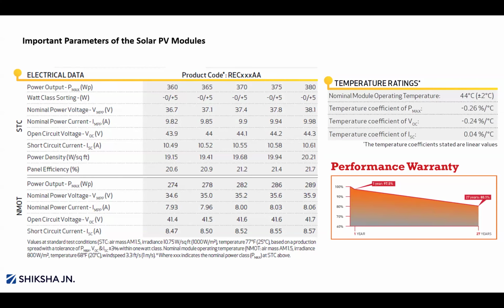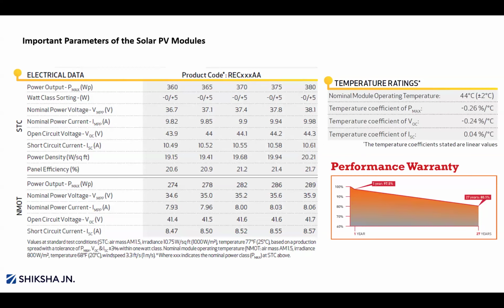Typically in India, in summer we can get averagely 45 degrees, 42, above 40, right? So let's consider 40 degrees. That means 40 degrees minus 25 degrees is 15 degrees. 15 into 0.26 is 3.9 percent overall power drop.